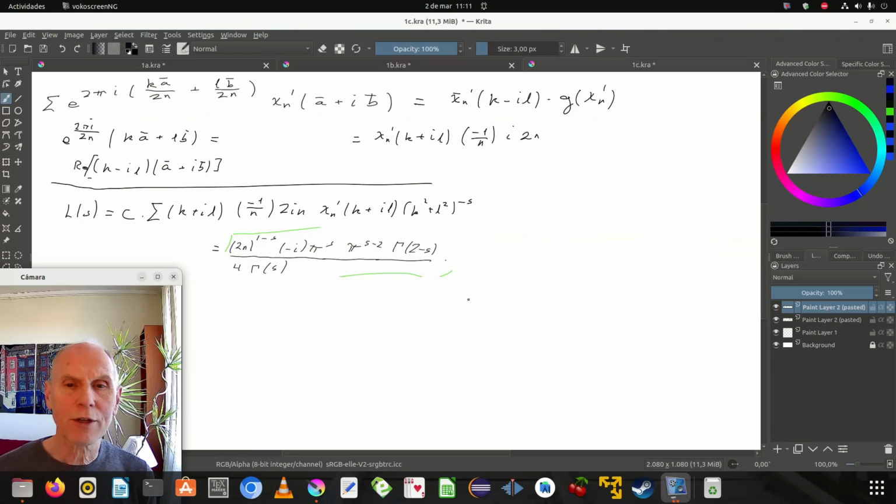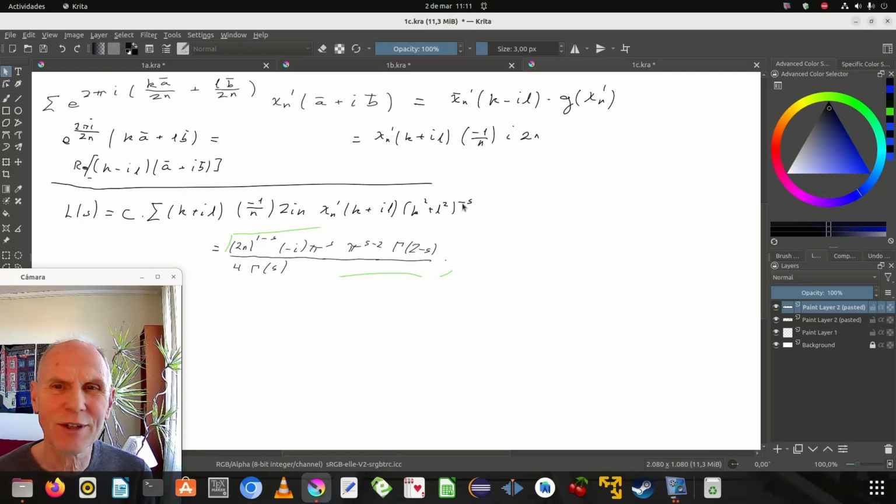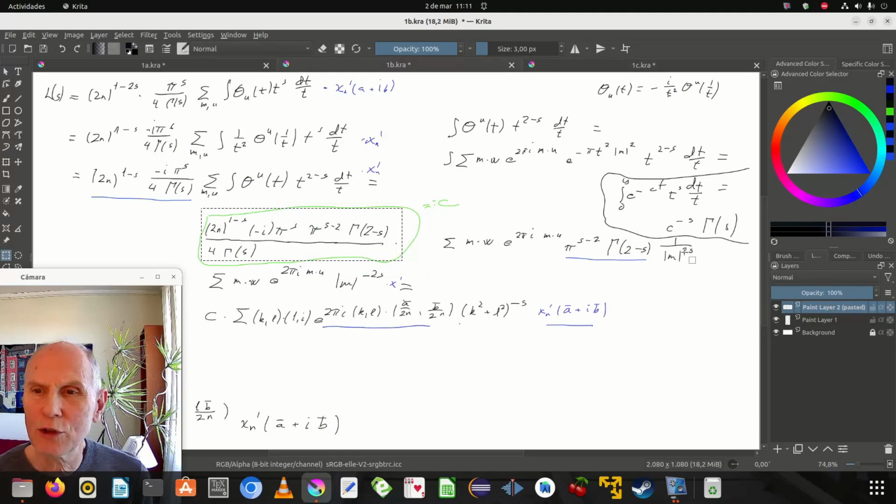I just copied the constant and then waited a little while there was a lot of noise. And then I looked it over and doubted this factor. That seems wrong. And it should of course be 2 minus s instead of s.